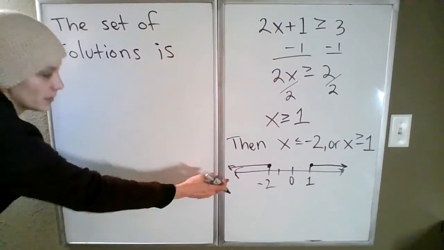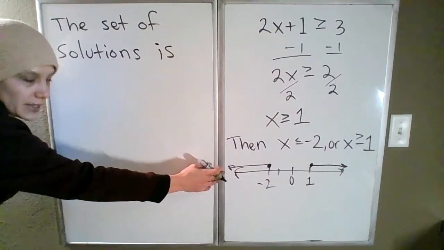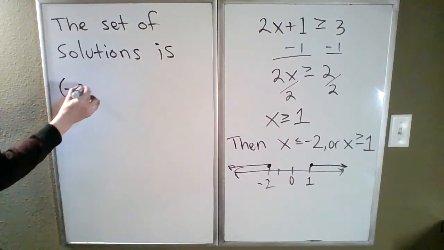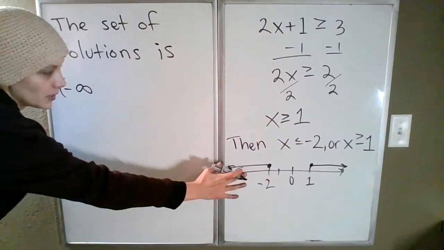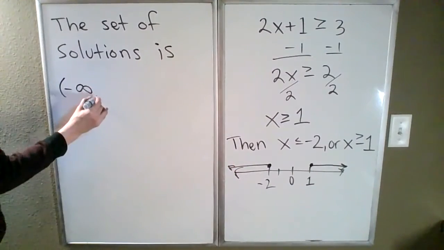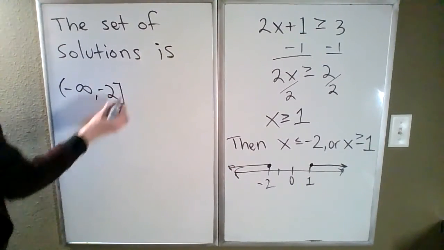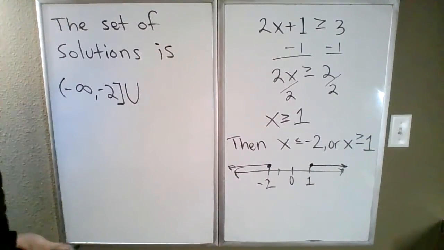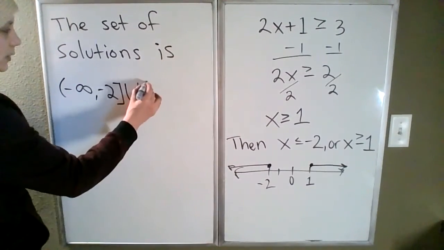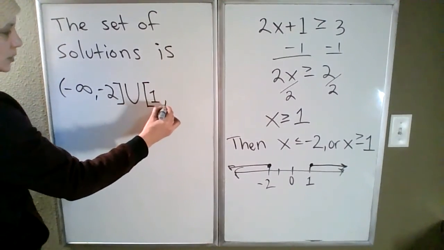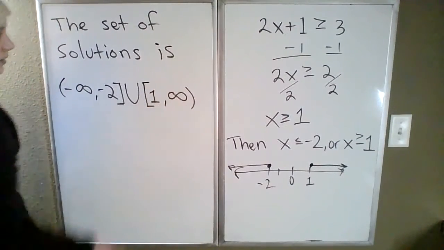Start at the very, very smallest value, -infinity, go over to -2 and include it with a hard bracket. Union the set with the one that starts at 1 and includes 1. It goes over to +infinity.